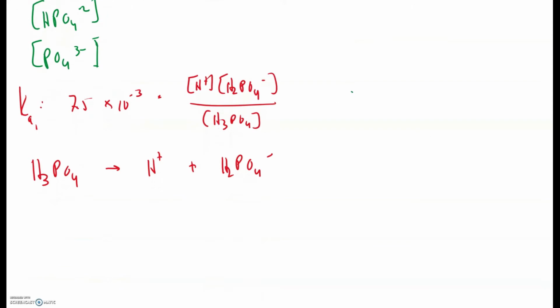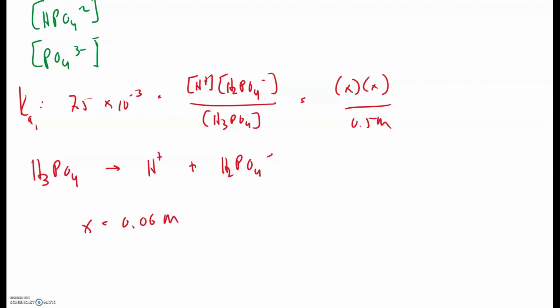So the first thing that we're going to do is we're going to approximate. We're just going to assume that we can approximate, and if we do that, then what we have is this. So, of course, X is going to be the H plus and the H2PO4, and on the bottom will be our H3PO4, which is 0.5 molar. Now, when you do this, and you solve for X, you get X equals 0.06 molar.